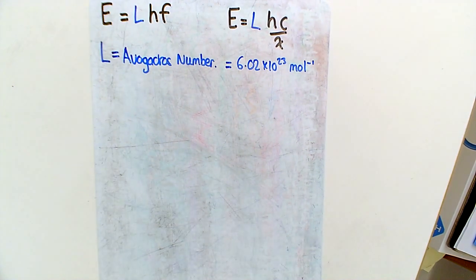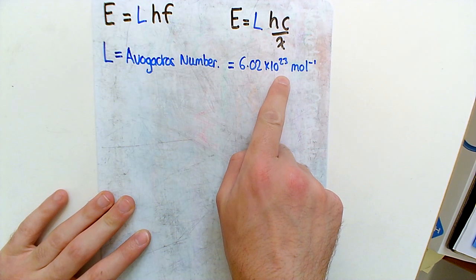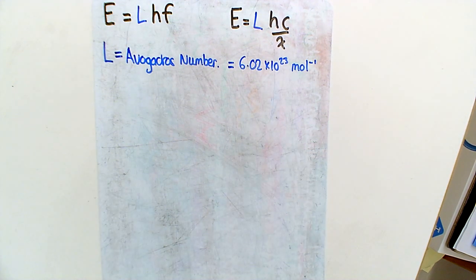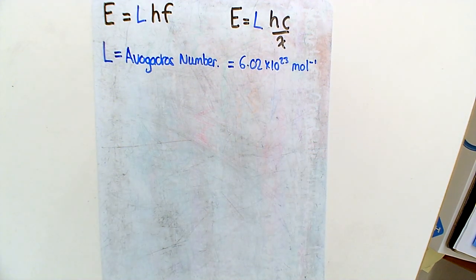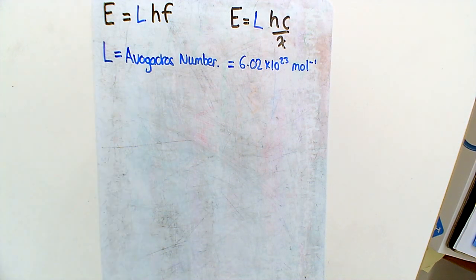Now, Avogadro's number, L, is the molar number. This 6.02 times 10 to the 23 is the number of atoms or molecules in 1 mole of a material. Now, Avogadro is the scientist who worked this out.